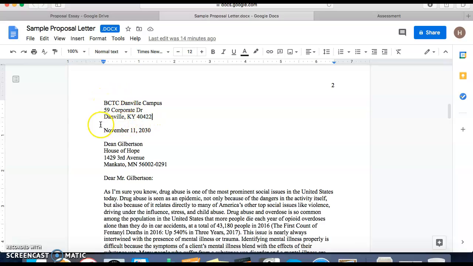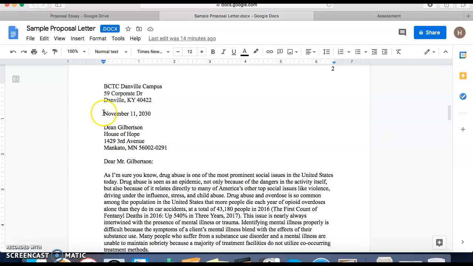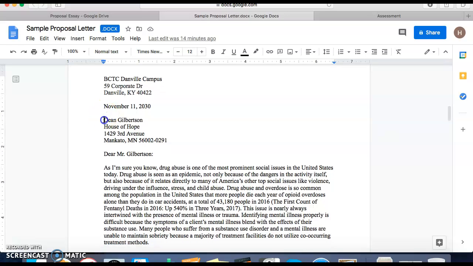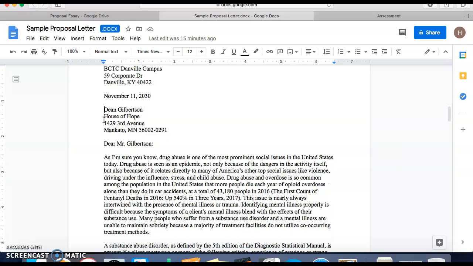So then you have a space in between here, and you write the date. This is the date that it is due. Enter another space, and then you write the name and address of whoever you will be addressing your proposal letter to. Remember, this needs to be a specific person.